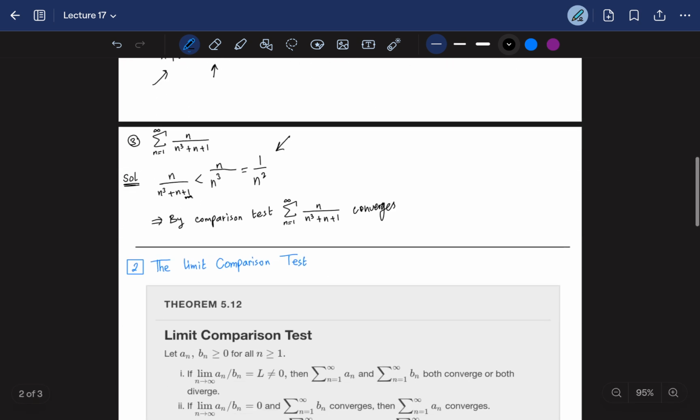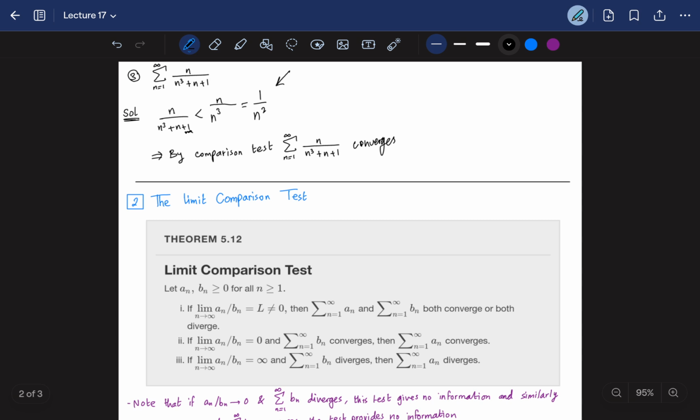Now the limit comparison test tells us that if I have two sequences where I take the limit of an over bn, and the value of it is any number that's not 0, then either both of the series converge or both of them diverge. So here we're going to use a fact where I already know that bn converges.